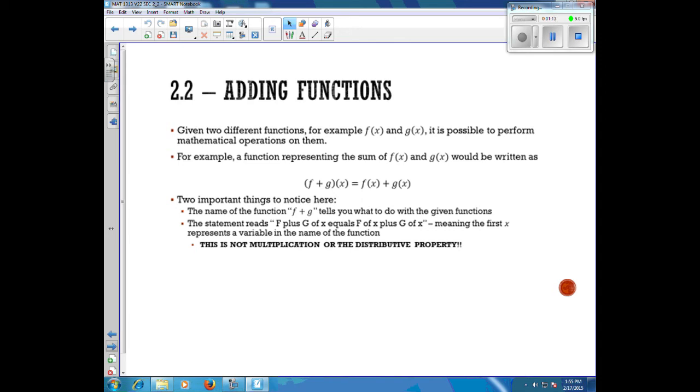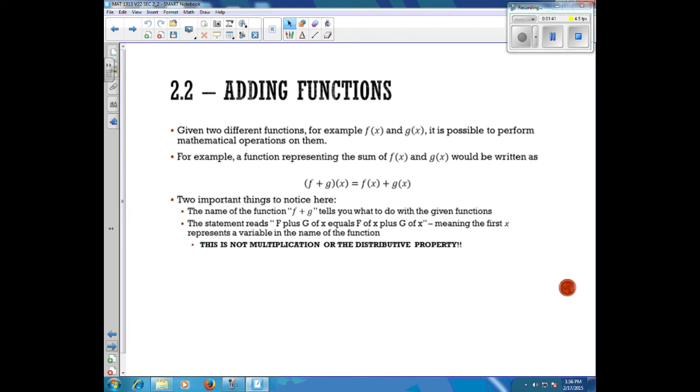There's two things I want you to notice here. First of all, the name of the function f plus g tells you what to do with the two functions. So the name of the function f plus g just tells you to add the two functions f of x and g of x. Secondly, when we read this statement, it says f plus g of x equals f of x plus g of x.